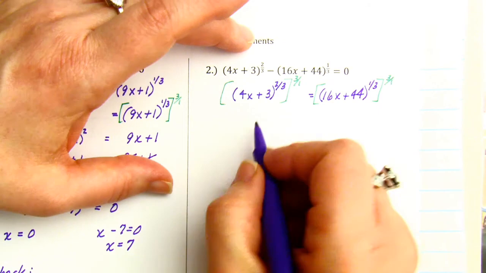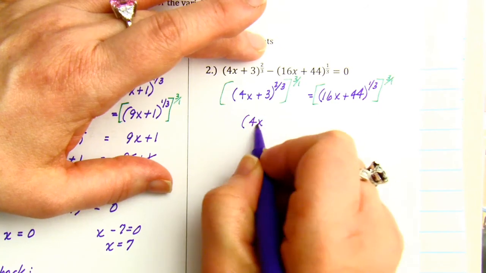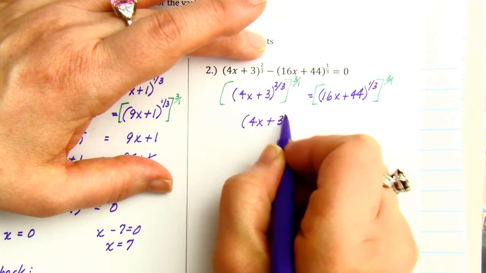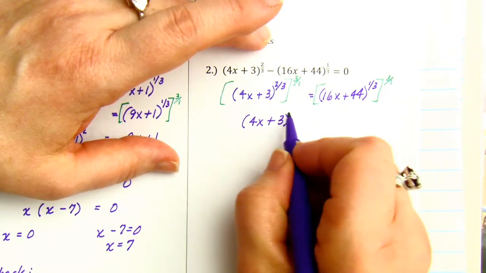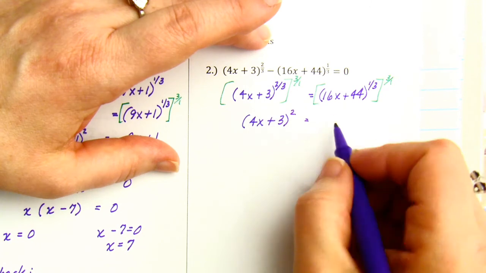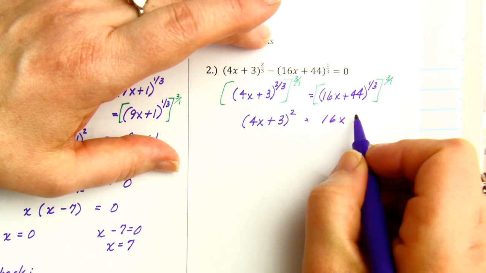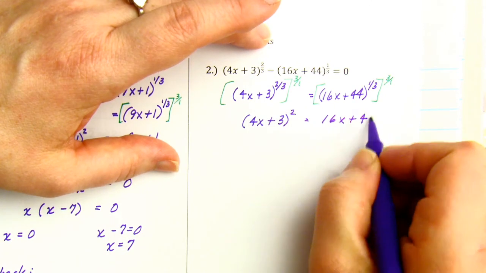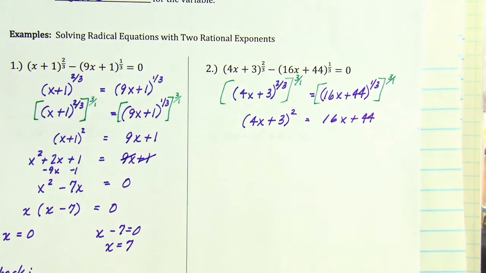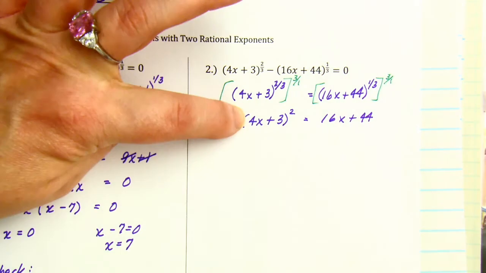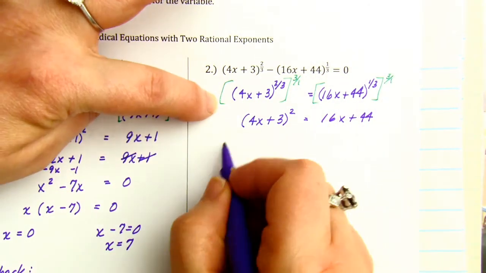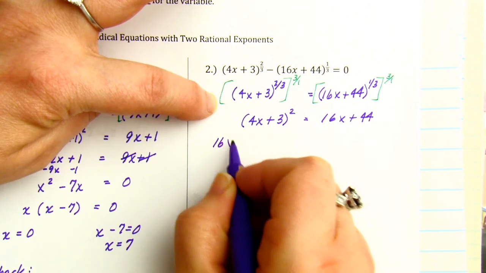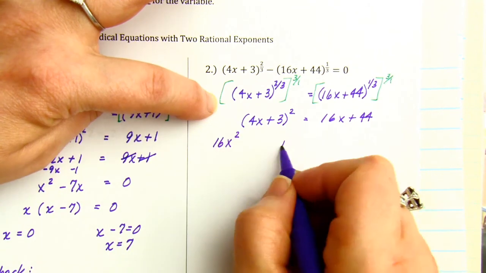All right, so what do we got here? 4x plus 3. Multiply the exponents, you're going to get a 2. Over here is 16x plus 44. The exponent there is 1, right? 1/3 times 3 over 1 is 1. Foil this out, or square the binomial. Square the first term, 16x squared. Square the second term, plus 9.